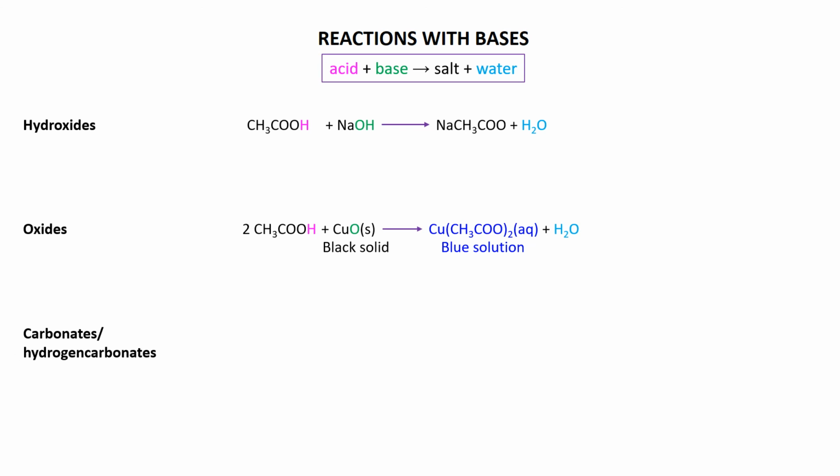Another test that we can use is to react the acid with carbonates or hydrogen carbonates. You have to be a fairly decent acid to react with carbonates. So phenols don't, but carboxylic acids do. And when they react, they ultimately make the salt again, sodium acetate, you make water, and you make carbon dioxide, and we can draw the same reaction using sodium hydrogen carbonate.